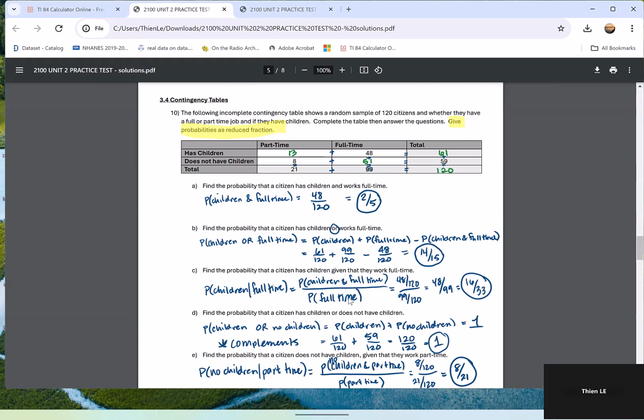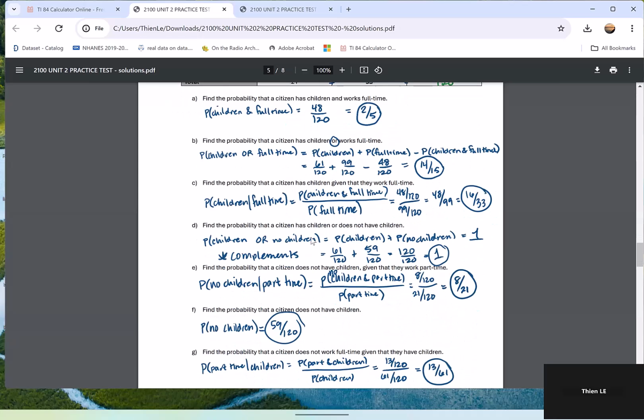But here's another route using the formula: probability of children and full-time, which is 48 by 120, over probability of full-time, which is 99 by 120, so they both cancel out. But if you understand conditional probability a bit more clearly, you only need to look at the full-time column. So it will be 48 by 99 directly. Either way works.